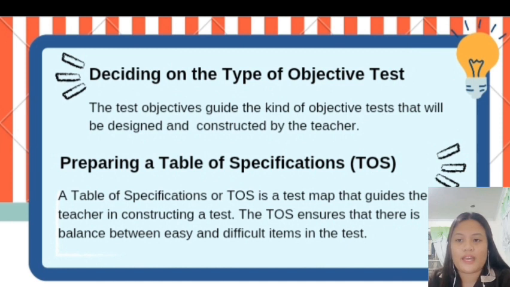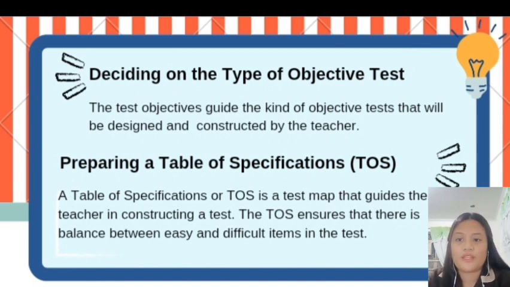So meron kasi tayong tinatawag na LOTS or yung lower order thinking skills, and HOTS, which is yung higher order thinking skills. Okay, so balikan lang natin yung Bloom's taxonomy kanina, no? Di ba meron siyang 6 categories, which are remember, understand, apply, analyze, evaluate, and create.